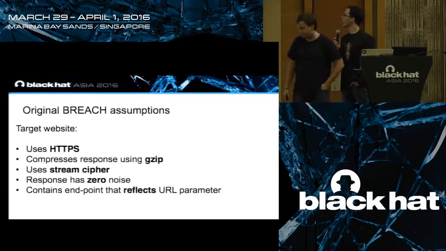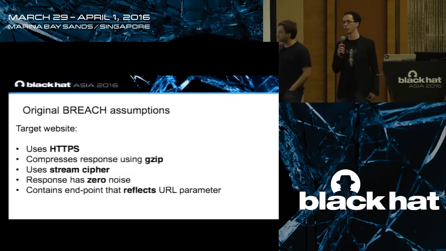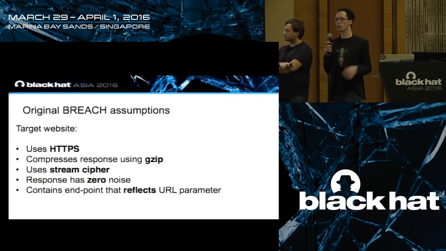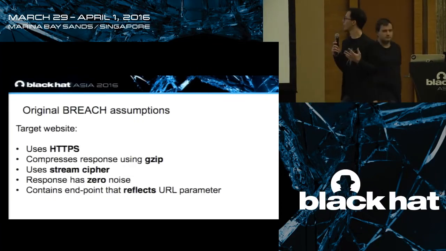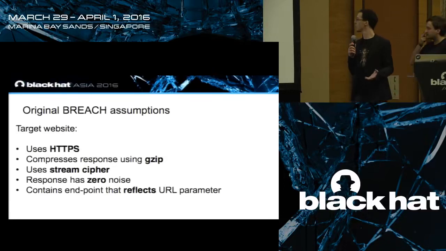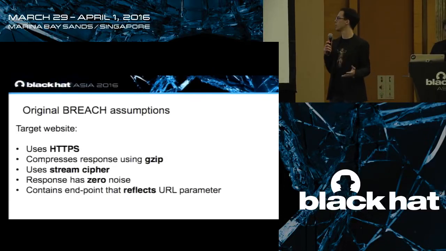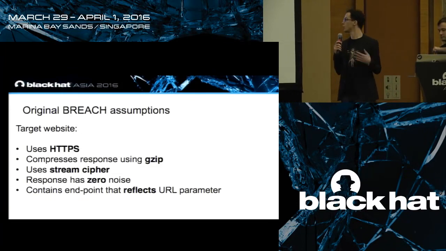The original BREACH presented some assumptions in order for the attack to be performed correctly. We will use some of these assumptions, and we will also relax some others. First of all, the target website should use HTTPS, and in this case, we don't mind if it also uses HTTP. The response also should be compressed using gzip.